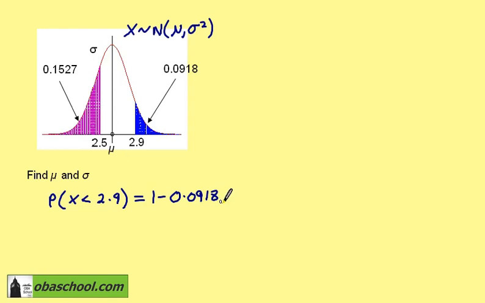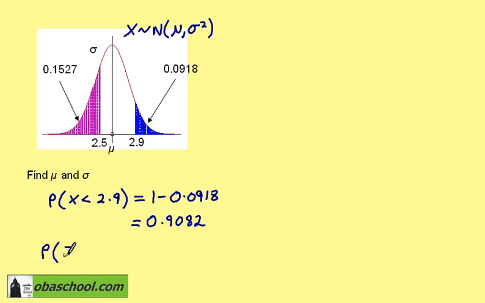Remember, the total area under the normal curve is 1, so if we know the area to the right is 0.0918, then the area to the left, the less than 2.9, must be 1 take away 0.0918. And this is 0.9082.